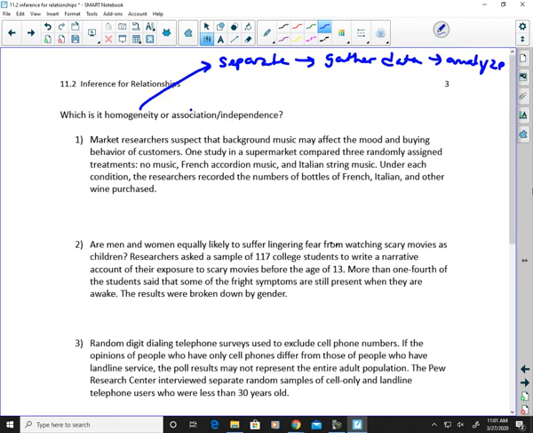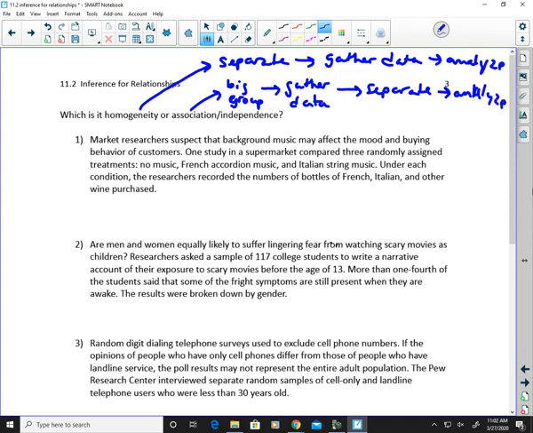In association independence, you're going to have a big group, then you're going to gather your data. The data helps you separate them. Then you're going to separate, and then you're going to analyze.